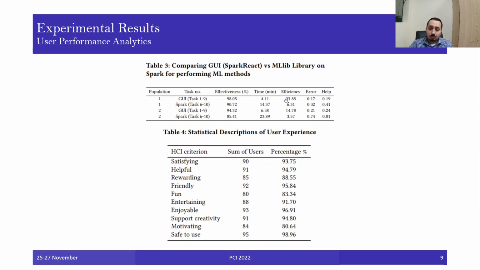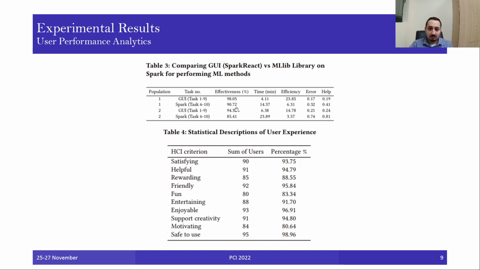The efficiency is 23, and we also measured the same procedure where the users would have to construct a machine learning model from scratch. So they had to write code to split the dataset and do everything up to the last stage, which is to execute the code.